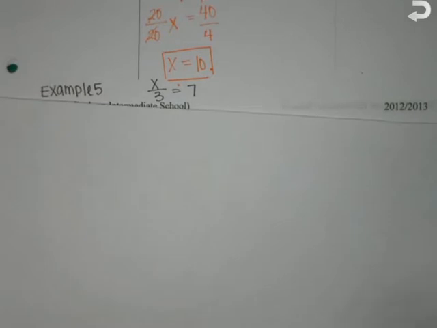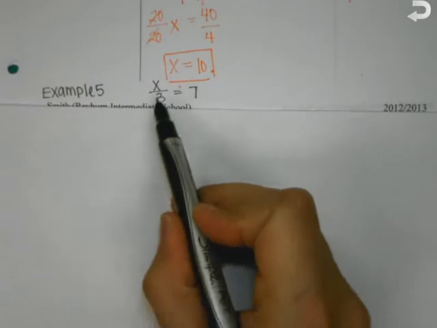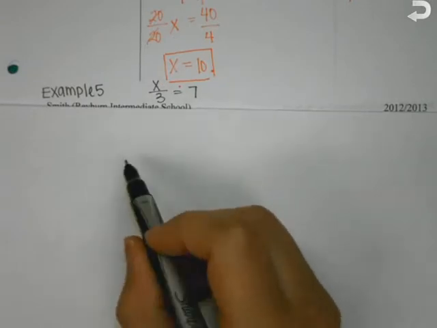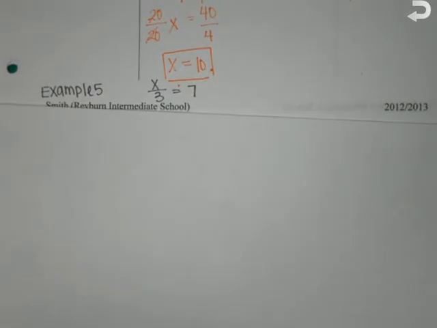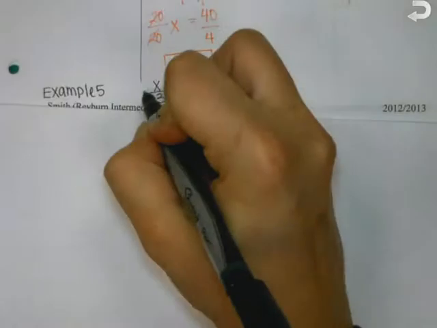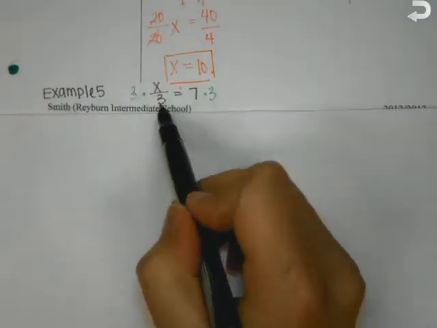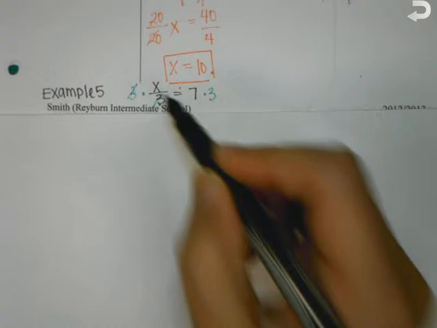Okay, this is a fraction also, but since it's just an x over 3, what operation is that? Division. So what's the opposite of division? Multiplication. So I'm going to multiply both sides by 3. Why? Because what's 3 divided by 3? 1. So they reduce. So that's going to give me x equals 21.